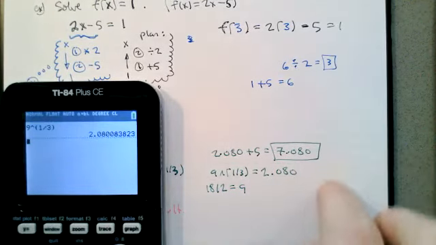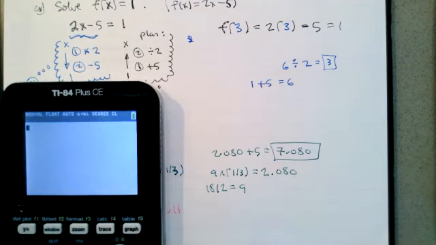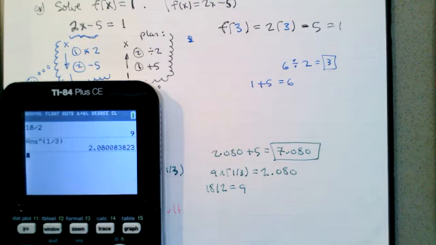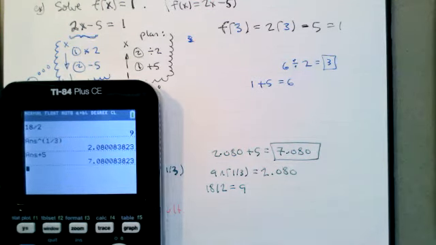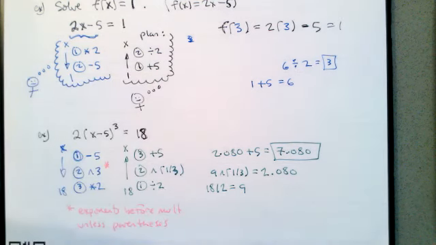So this process is not happening on paper. We're just doing 18 divided by 2 is 9. 9 to the 1/3 power is 2.080. And then 2.08 plus 5 is 7.08008382.